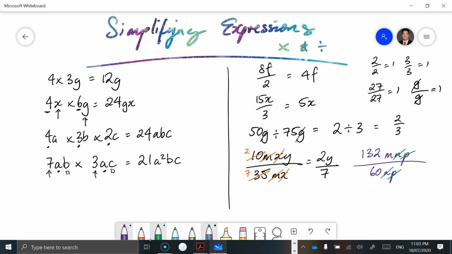Now, in terms of 132 and 60, I know that 4 goes into 60 15 times. And I know that 4 goes into 132. Well, 4 goes into 12 5 times, and 4 goes into 32 8 times. So that means it should be 33.